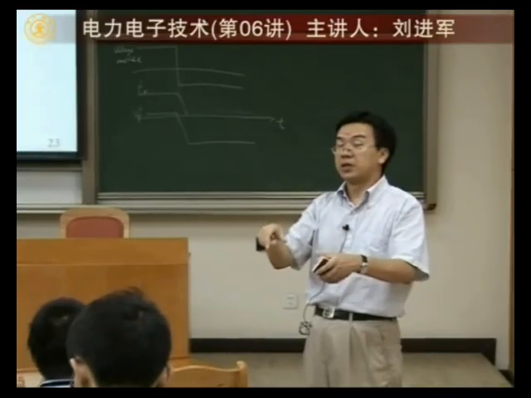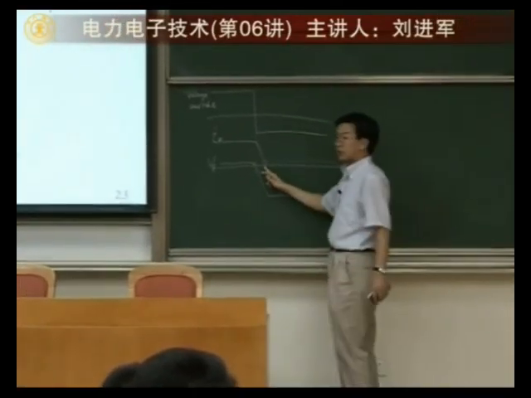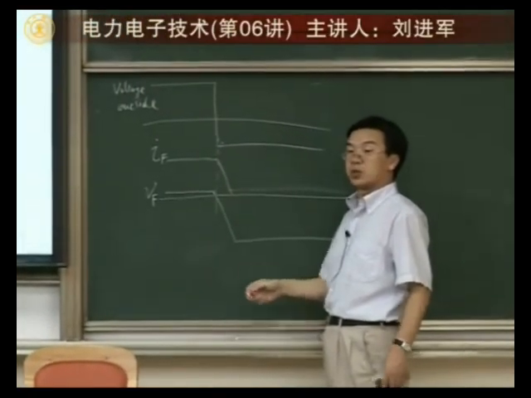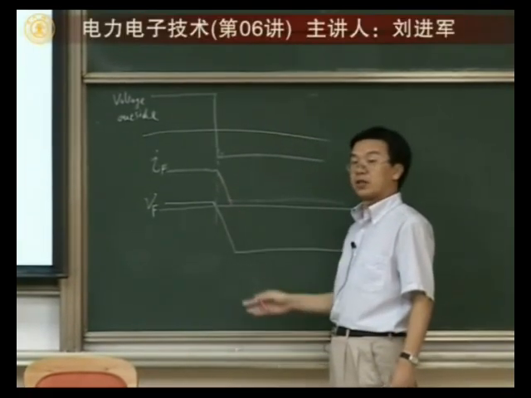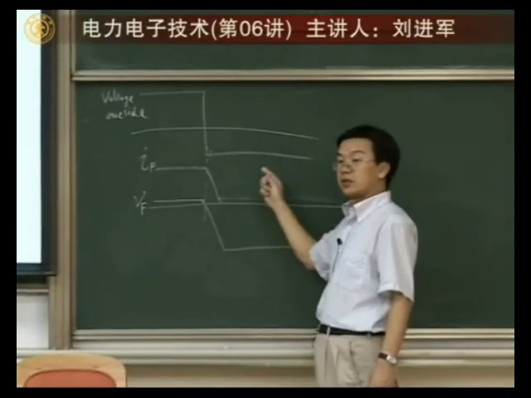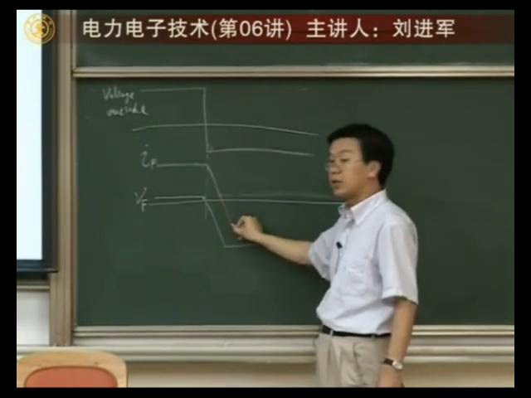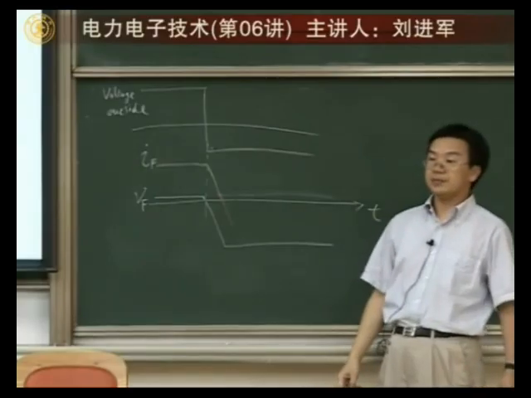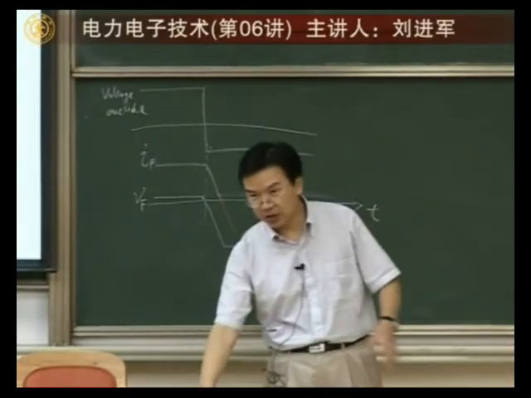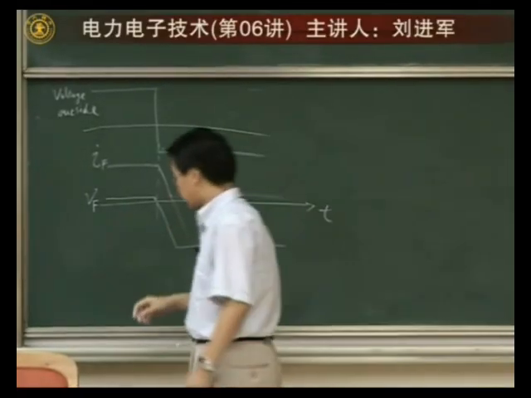Therefore, when the current decreases to 0, those carriers are still there, so the diode still allows current flow. Current will still flow, but in the reverse direction, because the outside voltage has reversed. This continues until the carriers are gradually removed by the reverse current.